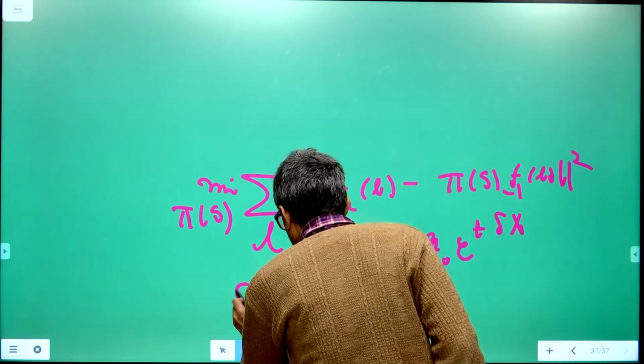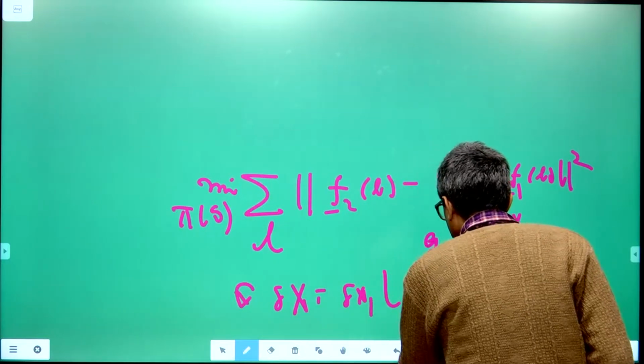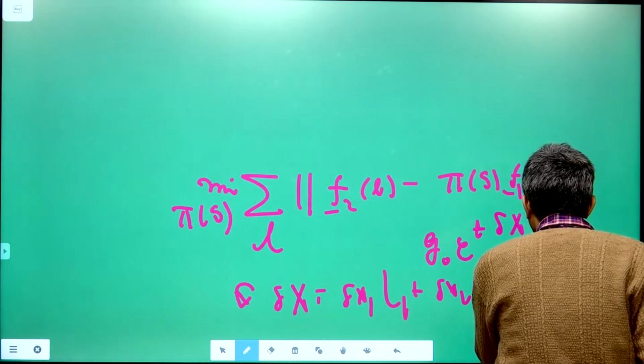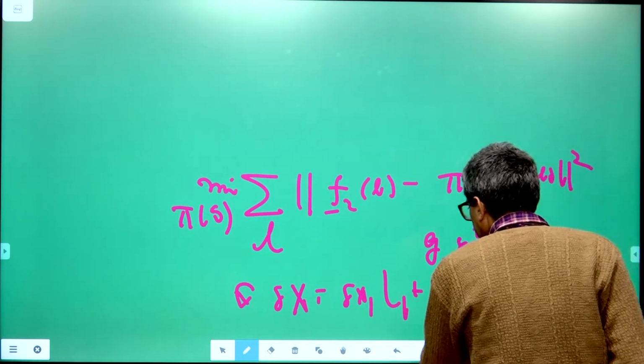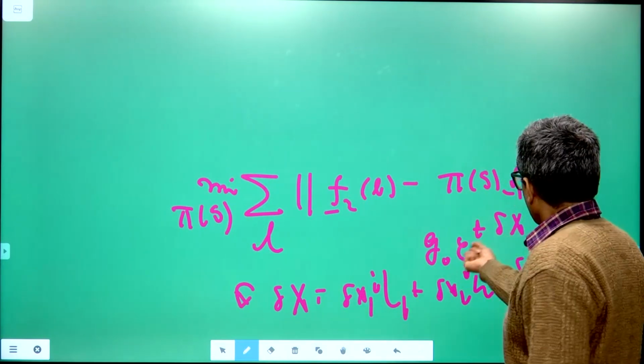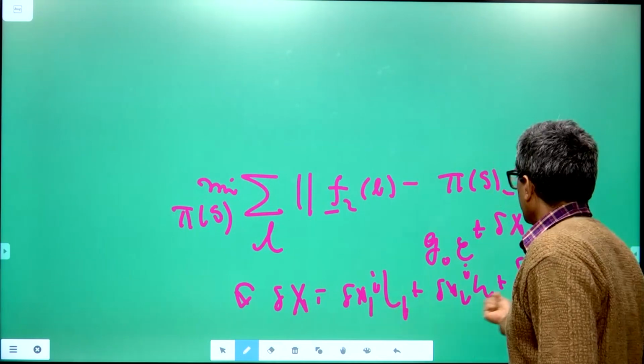Delta x can be written as delta x1 into L1 plus delta x2 into L2 plus delta x3 into L3, or more precisely iL1, iL2, iL3, where L1, L2, L3 are the angular momentum operators. Then I expand this up to quadratic order in delta x1, delta x2, delta x3.